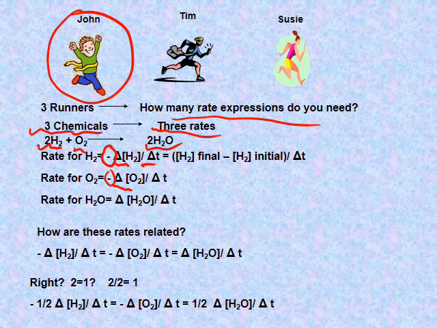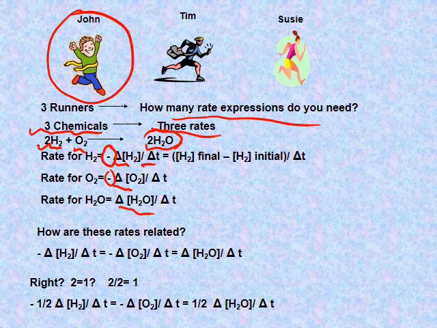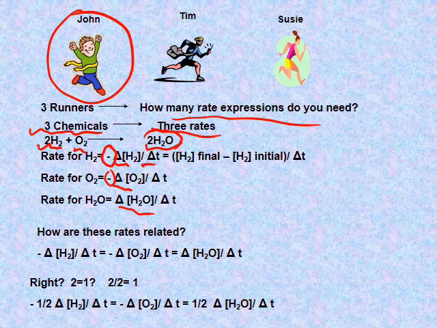On the other hand, the product builds up with time. Initially I had no H2O because it's the product. After some time I may have 5 moles, so my difference is 5 minus 0, that's plus 5. So in the case of a product, the change is positive, and I don't need to show any sign, but at the beginning I wanted to remind you of this.